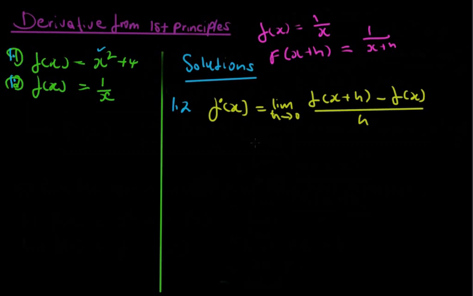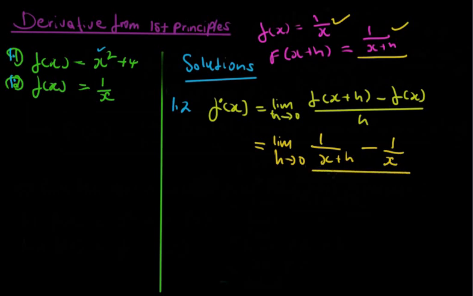Okay, then we say here equal to the limit as h approaches 0. Then f of x plus h, here is f of x plus h. You have 1 over x plus h minus f of x. You've got f of x here, which is 1 over x, divided by h. Then you find your LCD the normal way.